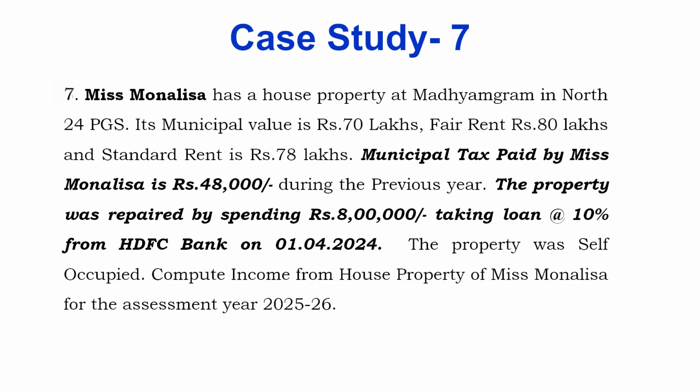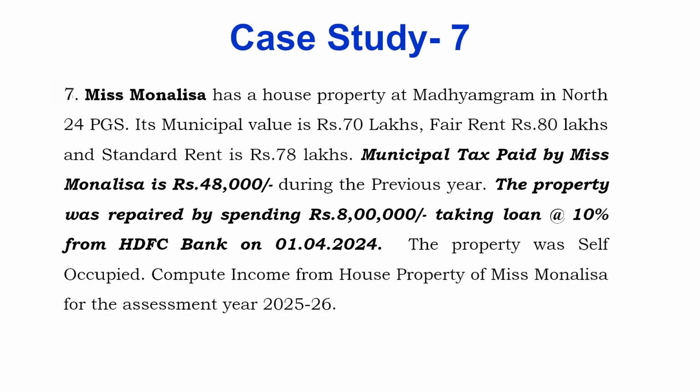The property was repaired by spending rupees 8 lakhs, taking a loan at the rate of 10% from HDFC Bank on 1st April 2024. The property was self-occupied. We need to compute income from house property of Miss Mona Lisa for the assessment year 2025-26.